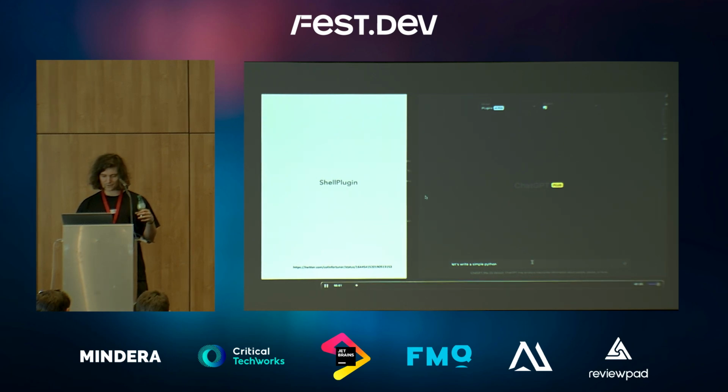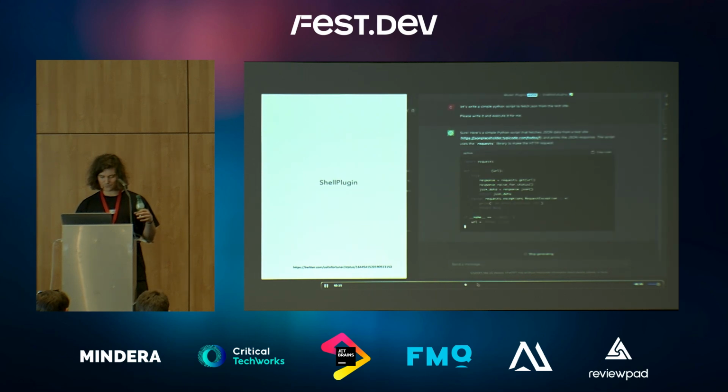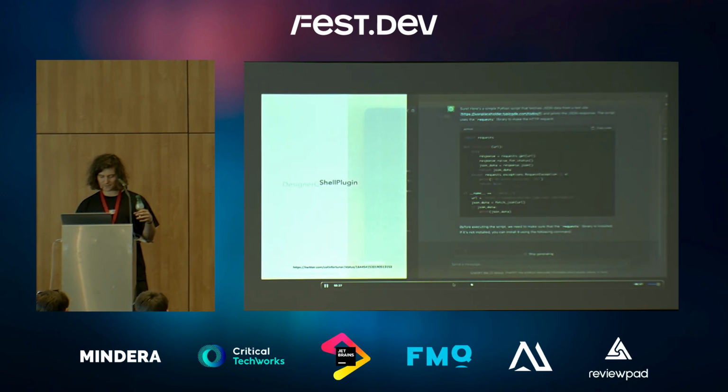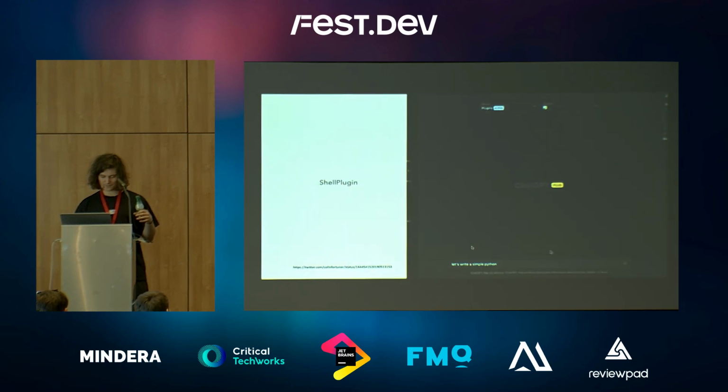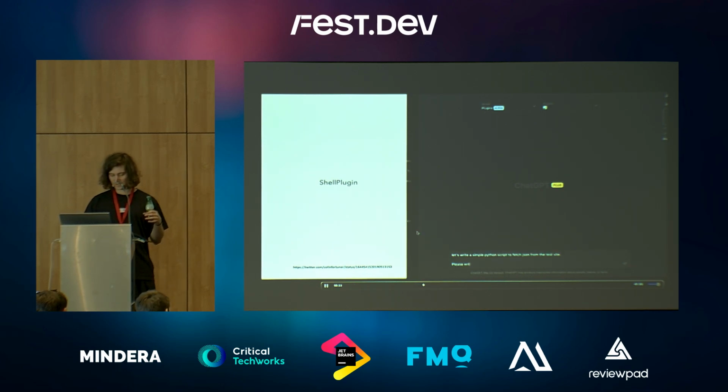Another thing with the shell plugin is writing a Python script, which I'll just move a bit because it takes a lot of time. Sorry. Let's try again. Fetch JSON from the test site, and please write it and execute it for me.